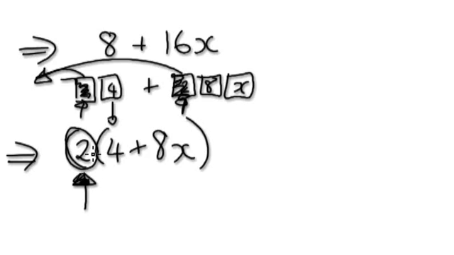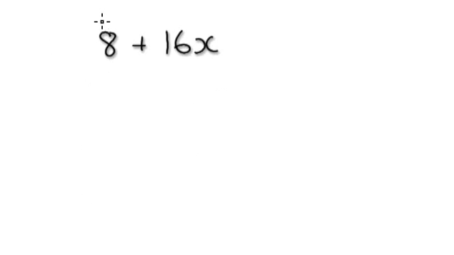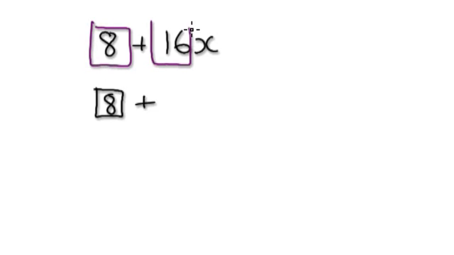2 is not the highest. There's something even higher. It's actually 8. This is weird, but just watch. So here, you can visualize this as 8 plus 16x. When I first give you this, try and sort out the two numbers first.